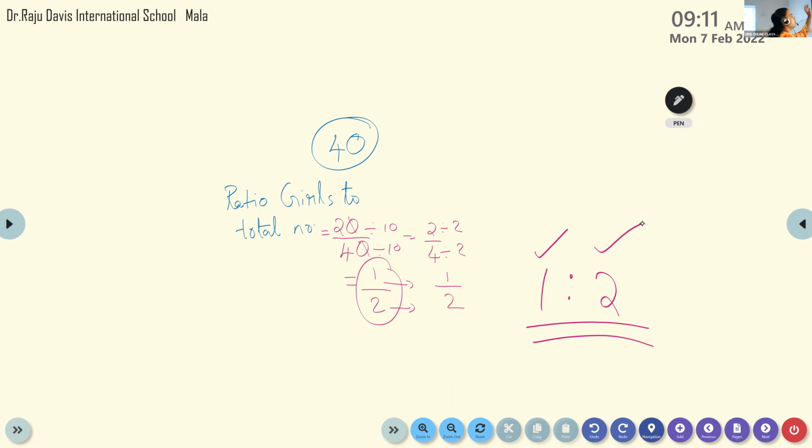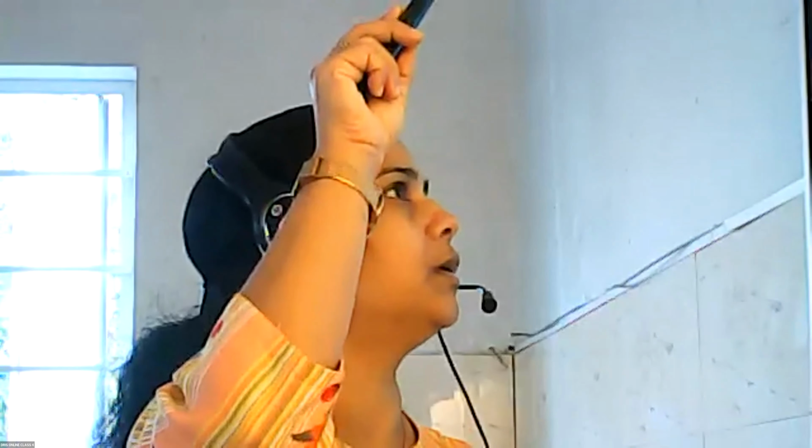Okay, children. So what is ratio? It is a comparison between the quantities, how many times. We are comparing the number of girls, so which number do you write on top? Girls. Down, we are comparing to which quantity? The total number of students in the class. So 20 divided by 40.